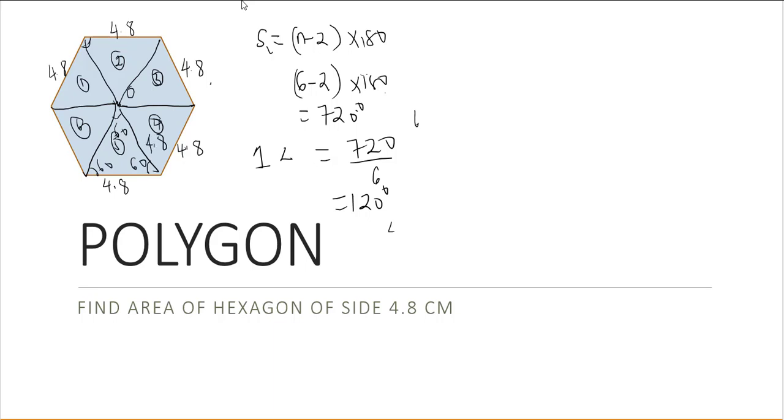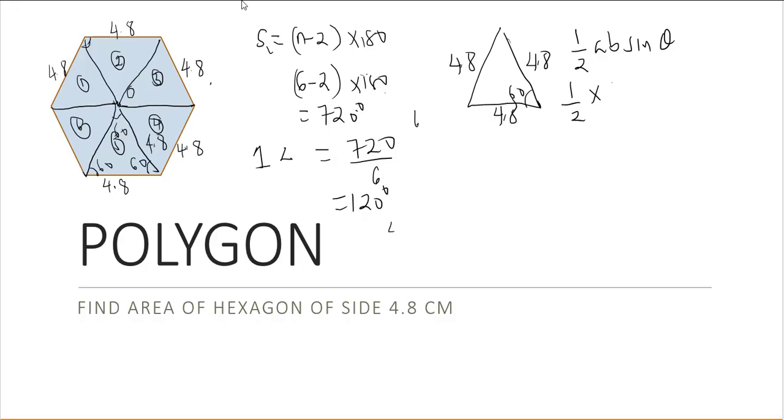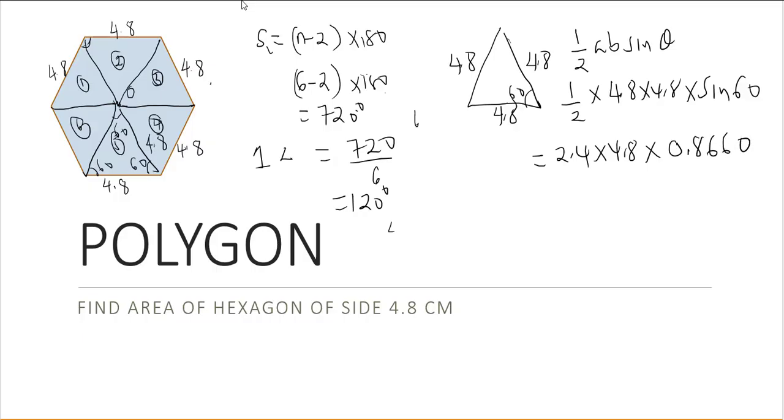So if we take one of the triangles where all sides are 4.8 centimeters and all the angles are 60 degrees, we can use the formula half AB sine theta, where AB is the side of the triangle: half times 4.8 times 4.8 times sine of 60 degrees. This is the same as 2.4 times 4.8 times, if you use a calculator and find sine 60, that's equivalent to 0.8660.